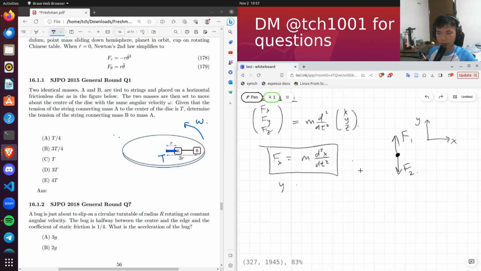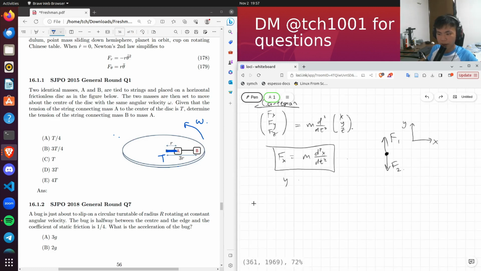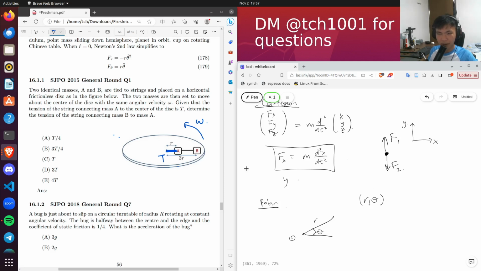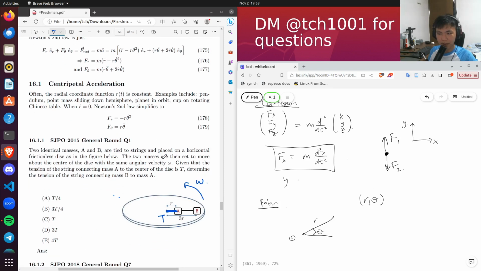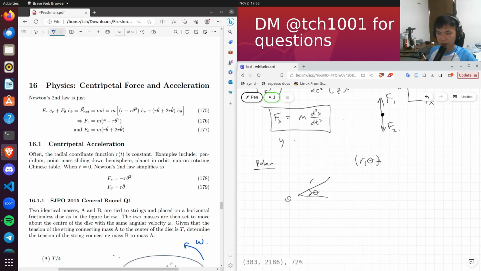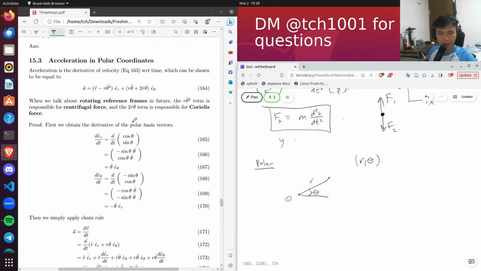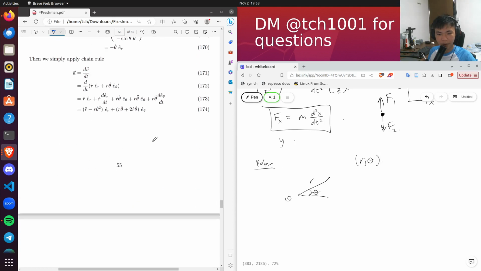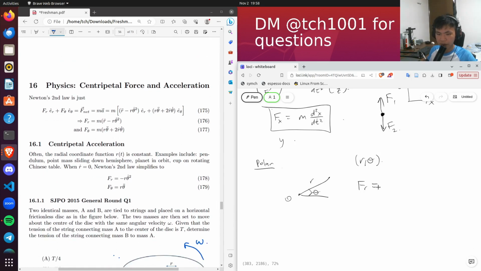This means that if I go into the polar coordinate system, where the r and theta coordinates are the radius from the origin O, and theta is the angle it makes with the horizontal, then it turns out that in general, if I work out the equations, and you can see the derivation in another video, I'll get that F of r equals m times the second derivative of r with respect to time minus r times the first derivative of theta with respect to time, squared.